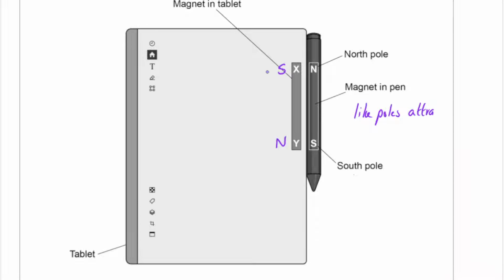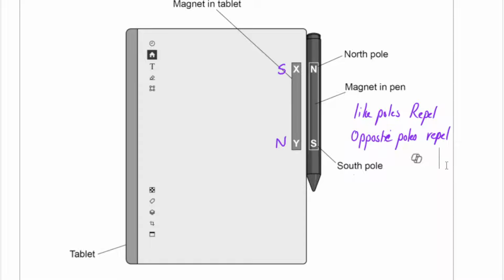No, they repel. Like poles repel. Opposite poles attract. So for the pen to be attracted to the tablet, it has to be opposite poles.